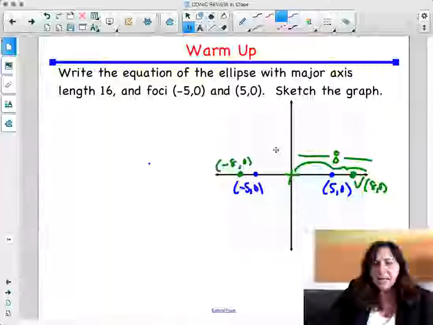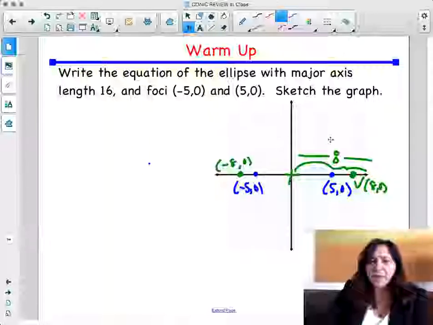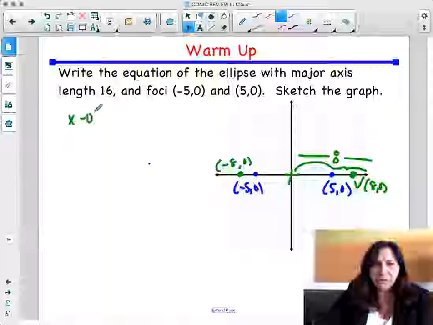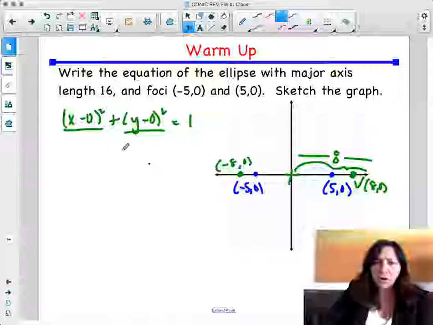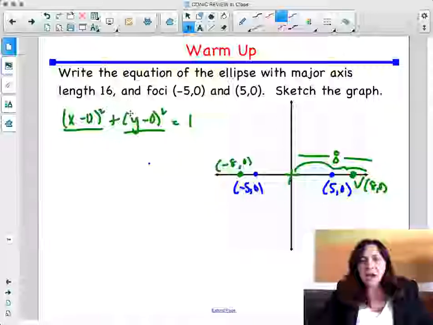So this would be -8, 0. In an ellipse, you know that the larger axis, your a squared term, is on the x-axis. So that means my equation, which is centered at 0, 0, we could start off like this: x minus 0 quantity squared plus y minus 0 quantity squared equals 1. And then underneath these values are my a squared and my b squared.